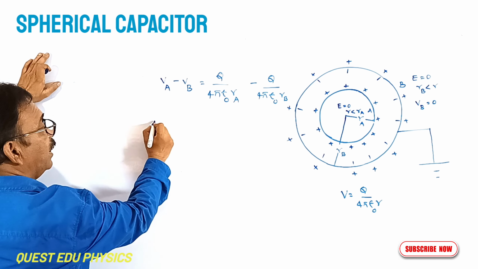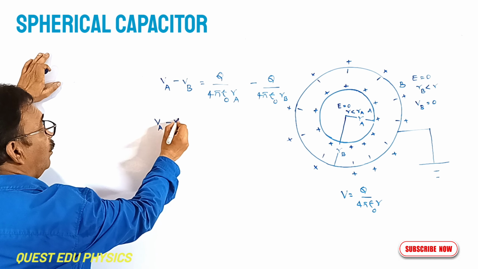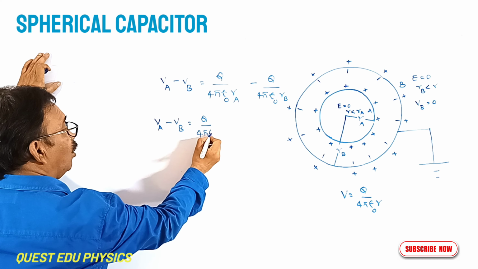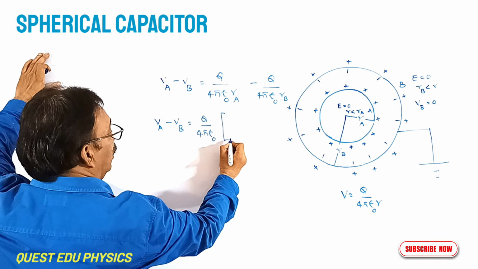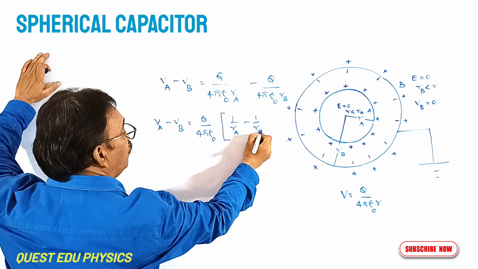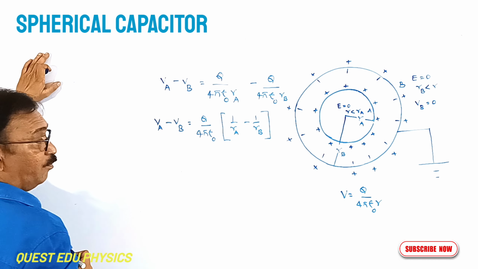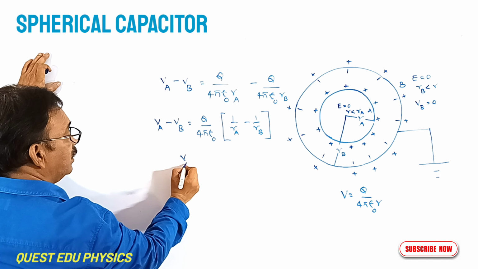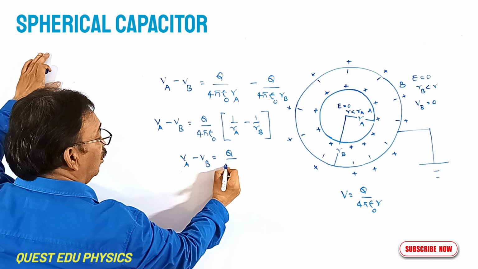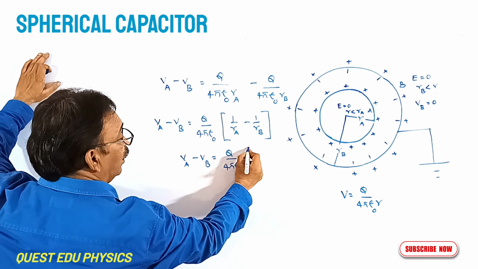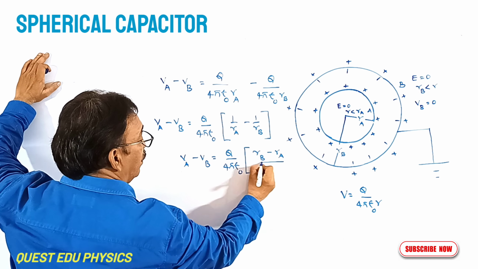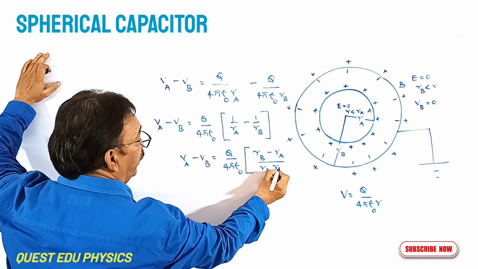It can also be written as VA minus VB is equal to Q by 4 pi epsilon naught of 1 by RA minus 1 by RB. Or it can be written as VA minus VB is equal to Q by 4 pi epsilon naught into RB minus RA by RA RB.